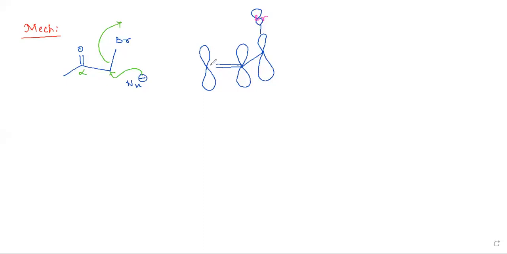Oxygen. This is the other bond that we have. See, in this case, it is the pi star, I mean the anti-bonding molecular orbital of the CO bond.